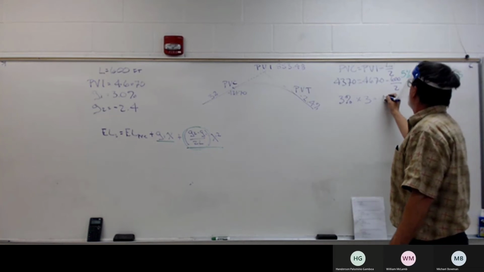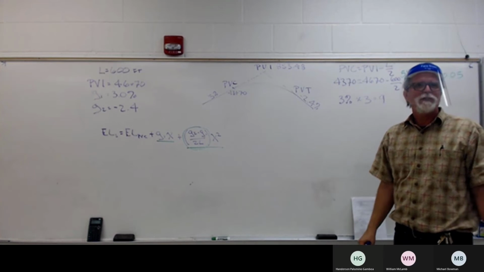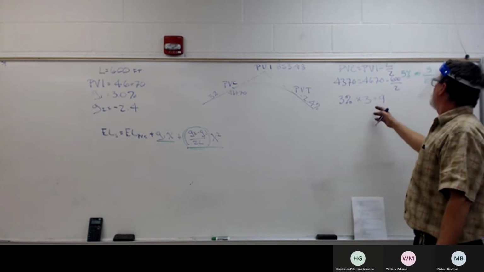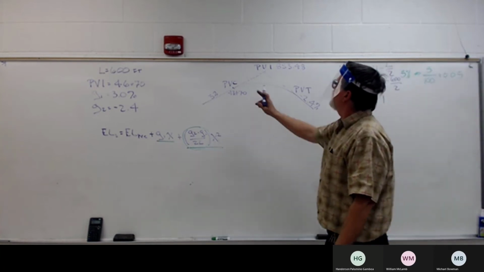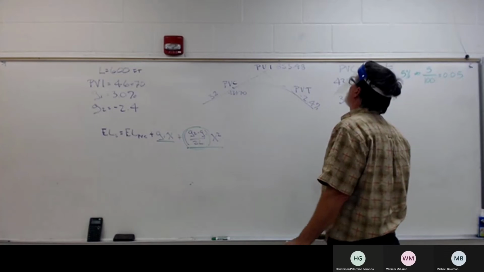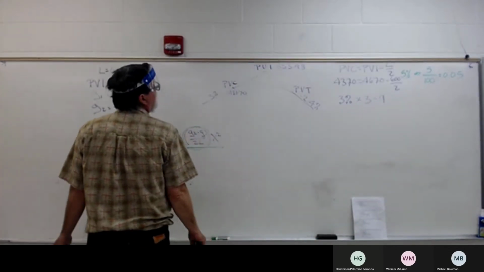So that's going to give me 9 feet of change. I change 3 feet for every 100. I'm going 300 feet. So it gives me a PVC elevation 9 feet less than that, which would be 844.48.